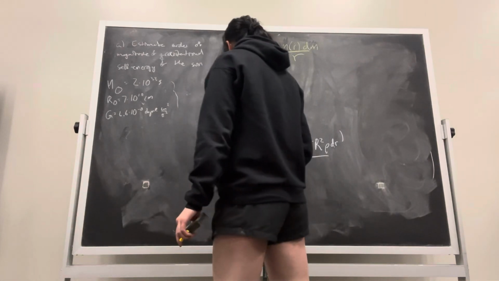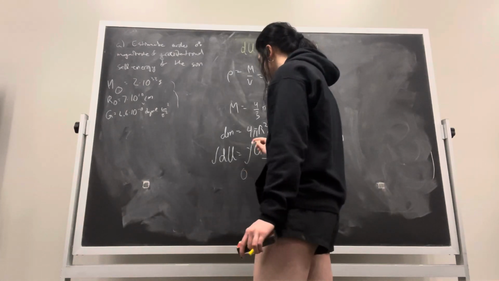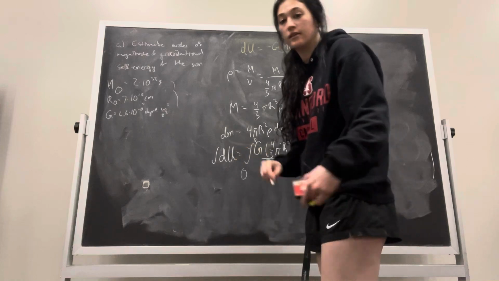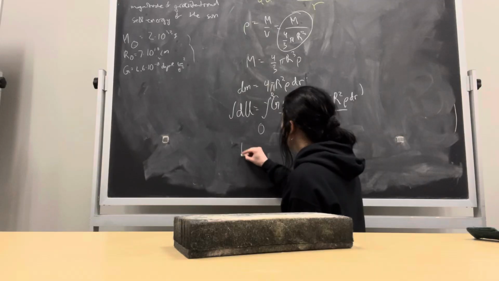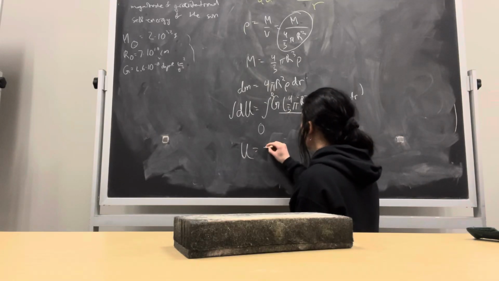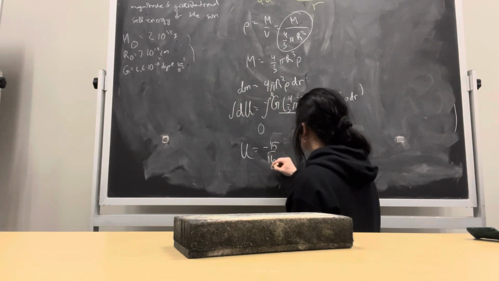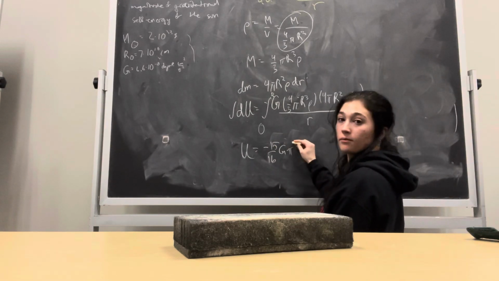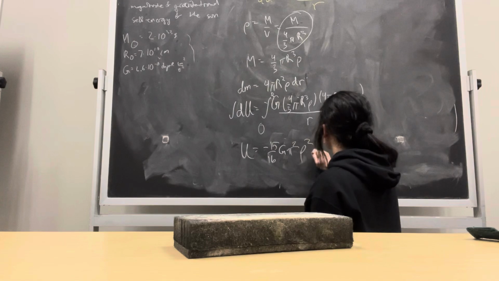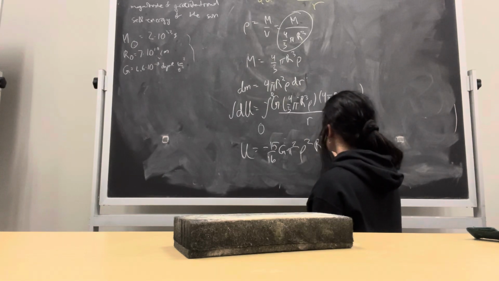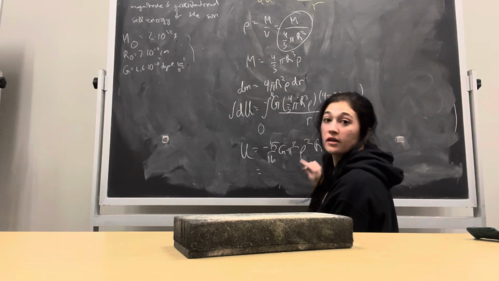We integrate both sides. We're going to integrate this from 0 to r to get an expression for U. This expression for U is going to yield negative 15 over 16 G pi squared rho squared r to the 5th. We're going to substitute in for rho squared.